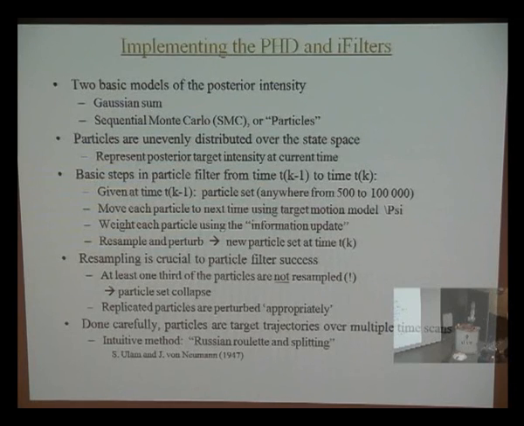So they are, in effect, a non-homogeneous, you can see or almost hear the Poisson point process. You don't have to hear Poisson, but you hear a spatial process, and these points are parts of a spatial process. So the basic steps are you take particles that are distributed at time k minus 1, and you move them forward to time k. It's that simple. That's all you do.